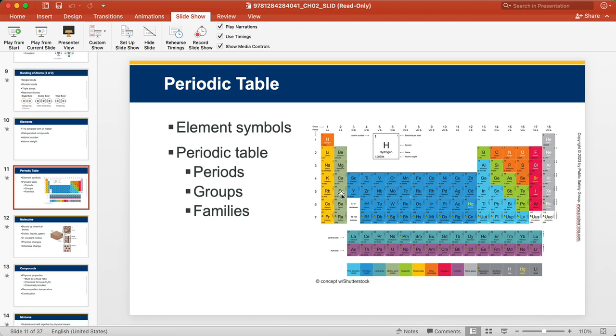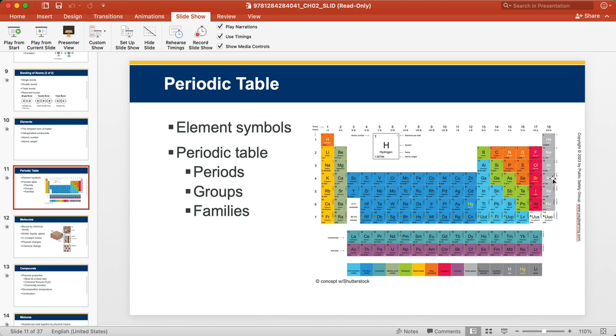And these are going to be grouped together by periods, groups, and families. And they utilize colors for those so that they all are joined together and we are able to take a look at them. And here's your gases over here. So we have helium, neon, argon, xenon, radon, which is a radioactive gas, and it's in our air that we have right now.